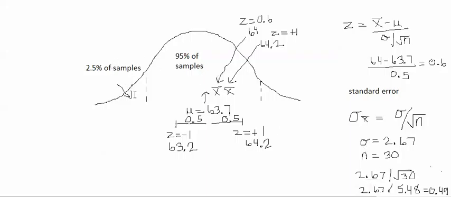So if I took a sample of 30 from the population and I got a really low sample mean, my sample mean would be down here somewhere. If I took a sample of 30 and got a really high sample mean, my sample mean would be up here somewhere. But if I take a sample of 30 and the sample mean is at least fairly close to the population mean, then my sample mean is in here somewhere in the middle area.